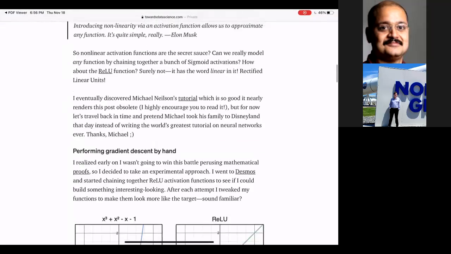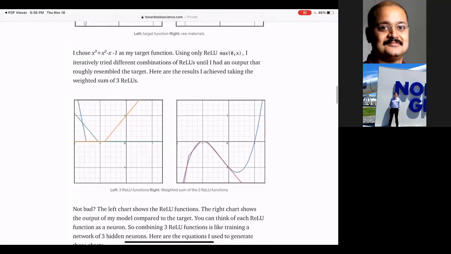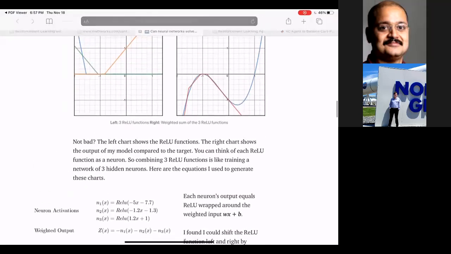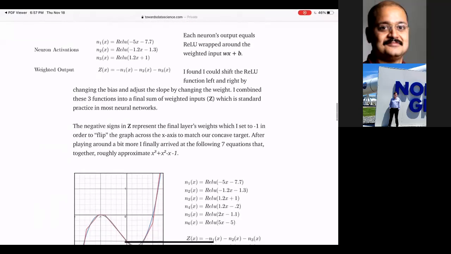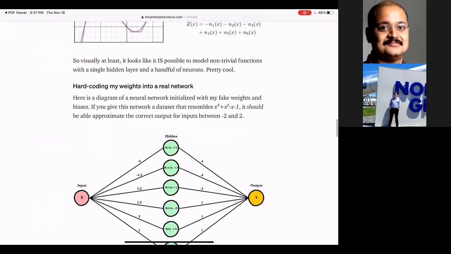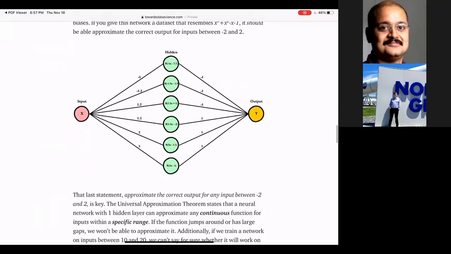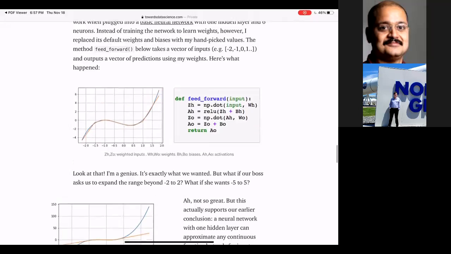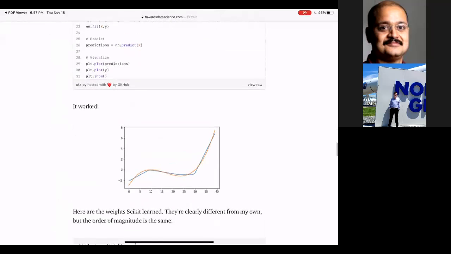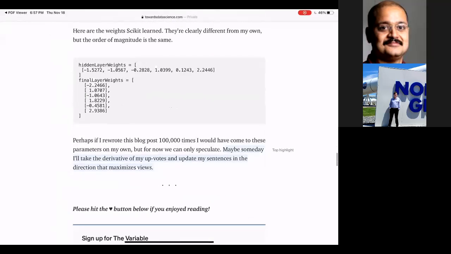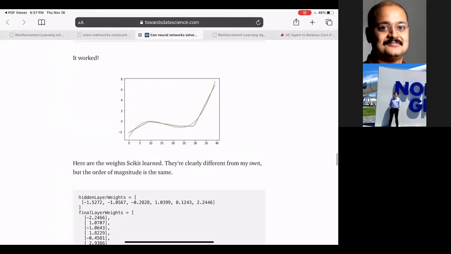So in this discussion, you can see that he finally uses the ReLU function, neuron activations, weighted outputs, and the concept here is, with this neural network, he gets a very good reconstruction of the curve. And this is just with 6 neurons. So if you were to increase the number of neurons, then you would be able to get this complicated shape.